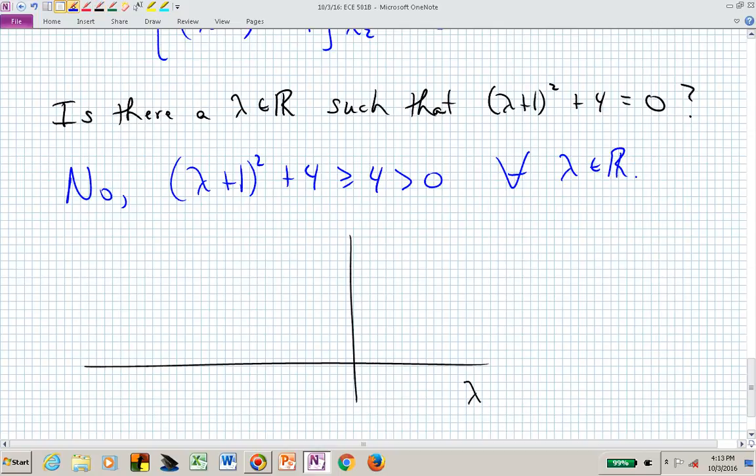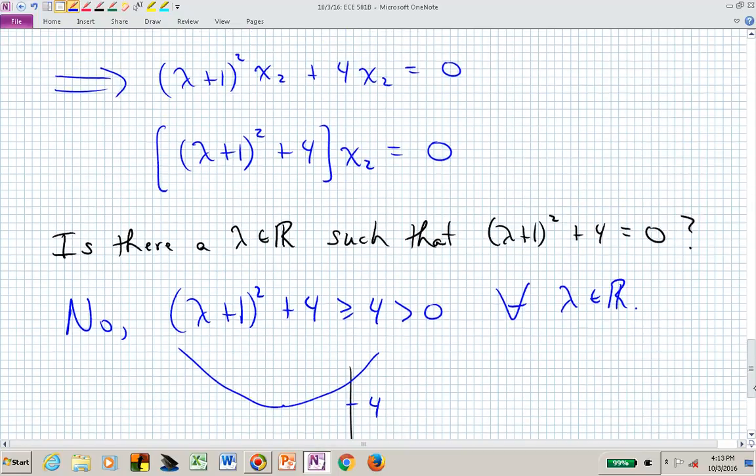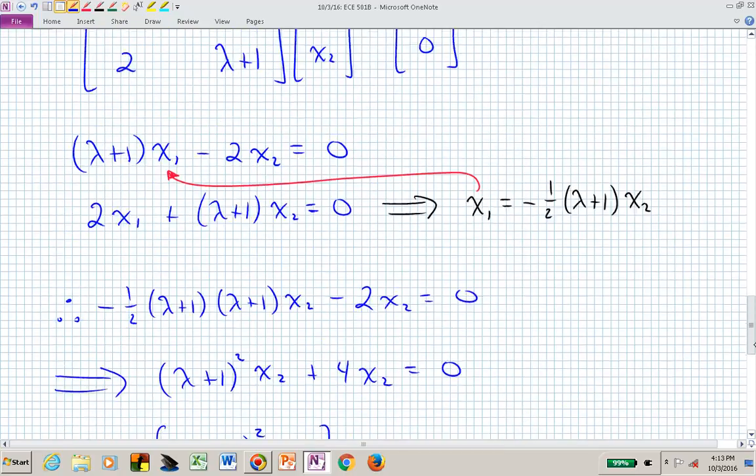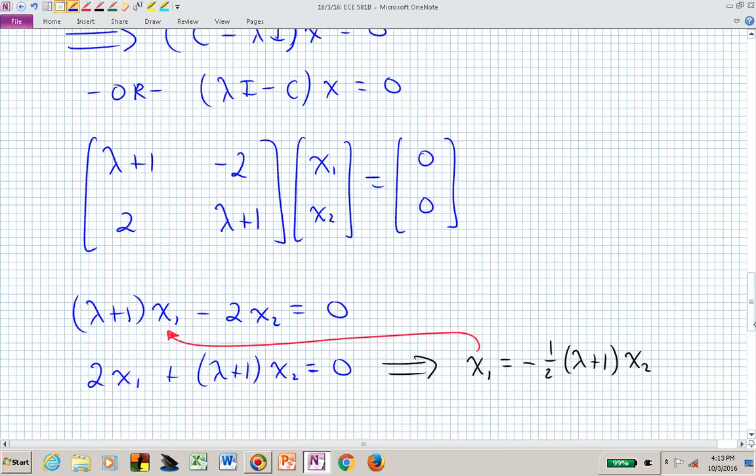You just told me that the minimum was at minus 1, and so this probably won't be very to scale, but there's 4, and now this is going up for all values of lambda on either side of lambda equal minus 1 in this quadratic shape. Which means that there's no real values of lambda that satisfy our eigenvalue-eigenvector equation.